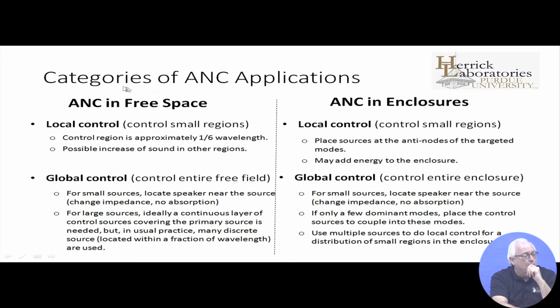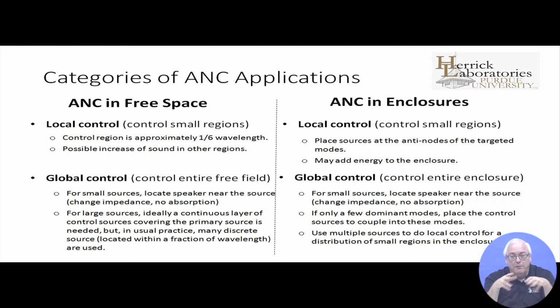Now, having shown a whole bunch of examples, just a few comments about a general classification of things. Very broadly speaking, there are two possibilities. You may want to do active noise control in free space. This is something that SpaceX is interested in, whether it's feasible or not.